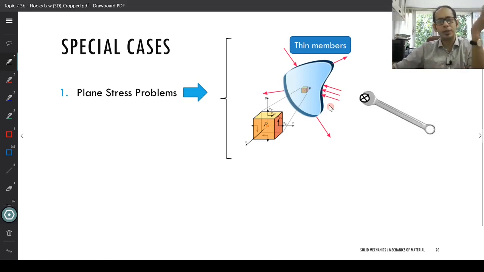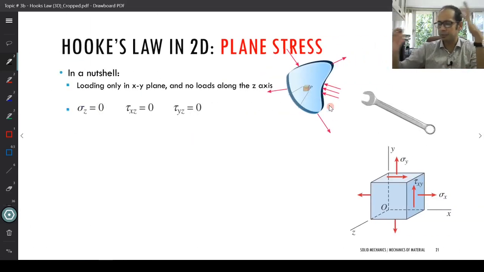So what does this essentially mean? This means that if there are no forces along the z direction, that automatically means that some of the stresses vanish. Because the forces are related to the stresses, or in other words, the stresses are related to the forces, right? So if you don't have forces about a particular direction, the stresses automatically vanish.